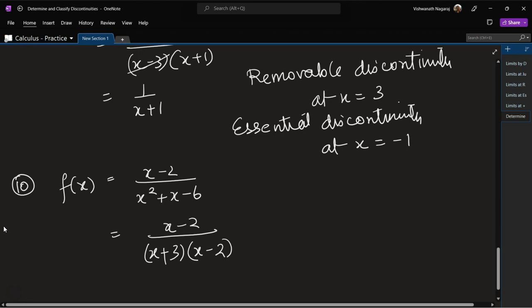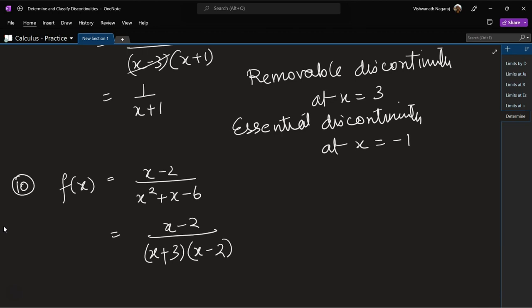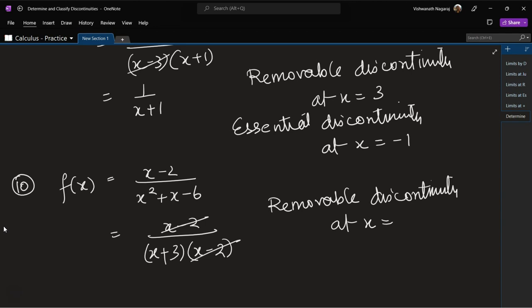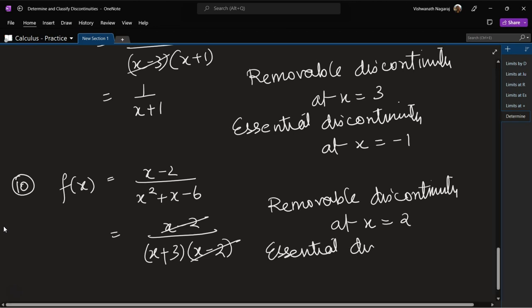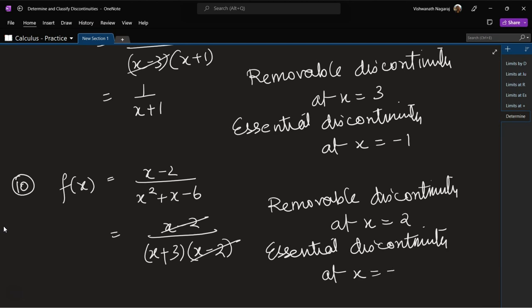So which means here itself we can figure out x minus 2 is cancelling out. So which means there is a removable discontinuity at x equal to 2 and an essential discontinuity at x equal to minus 3.